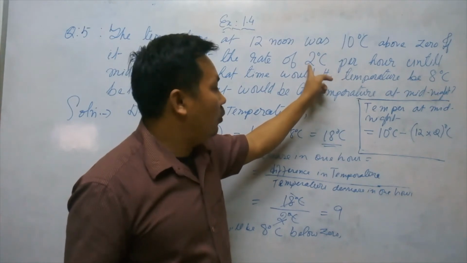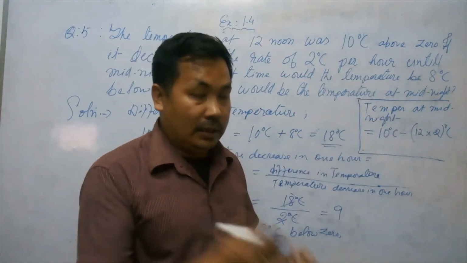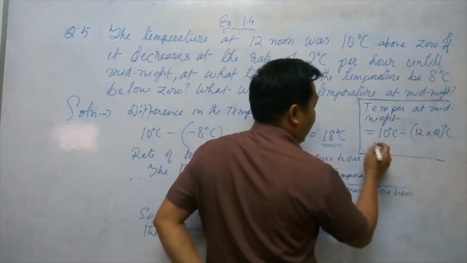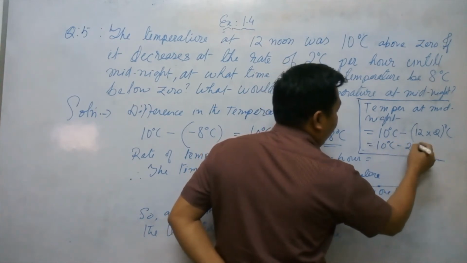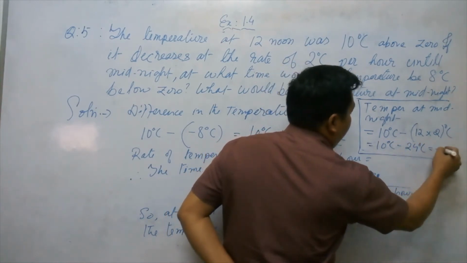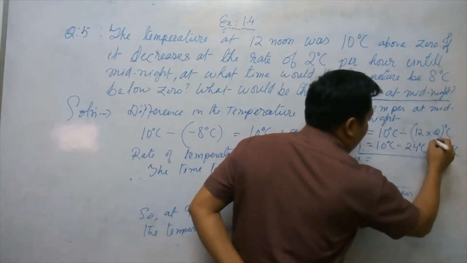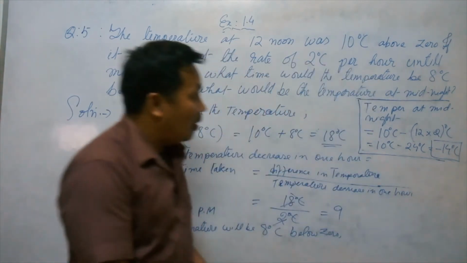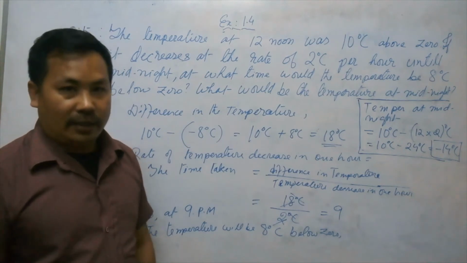So we multiply 2 into 12, since 12 hours are still there to reach midnight. Then we get 10 degrees minus 24 degrees Celsius, that is minus 14 degrees Celsius. So minus 14 degrees Celsius is the answer to the second question.